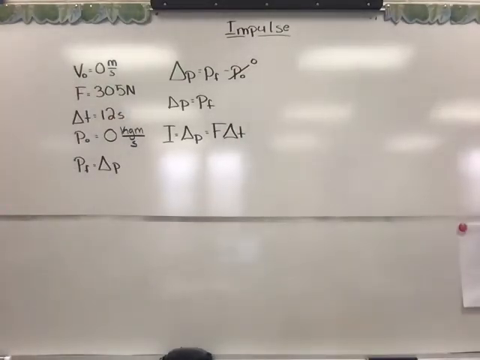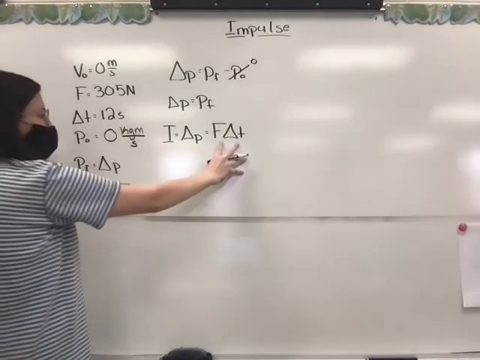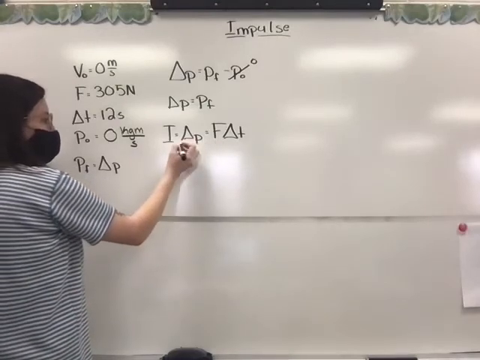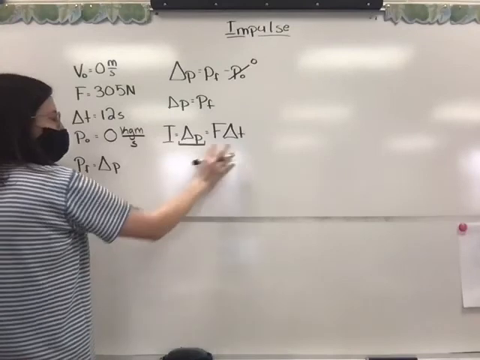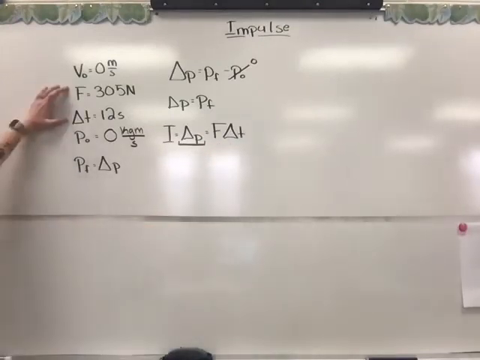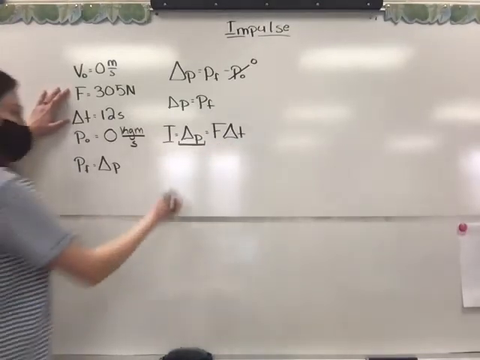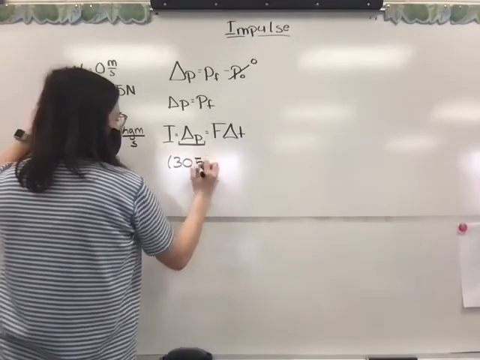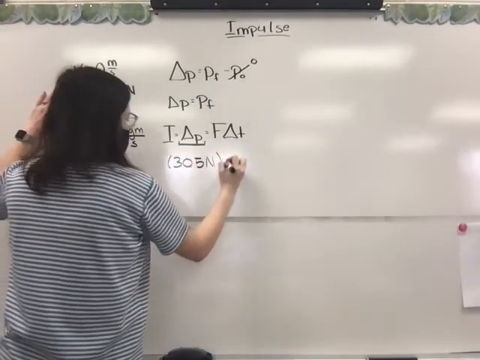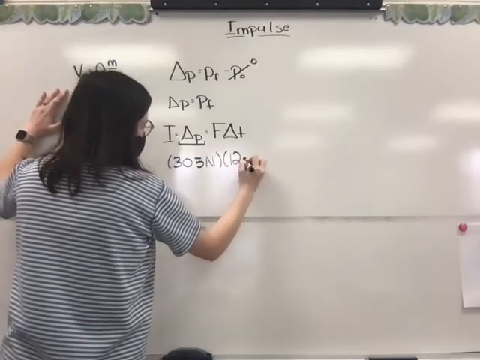Is everybody following so far? I know impulse can feel loaded, okay? So in order to get the result that we want, we're going to do 305 newtons times 12 seconds.